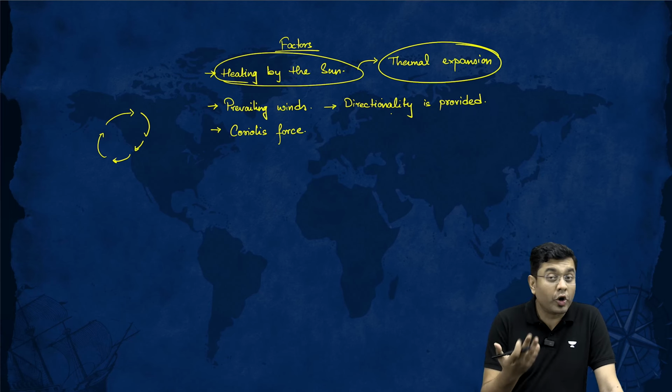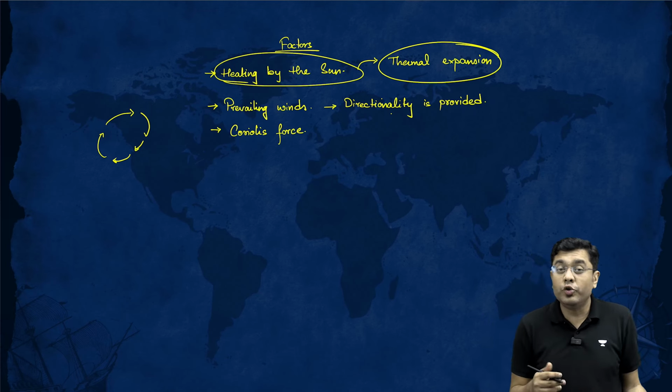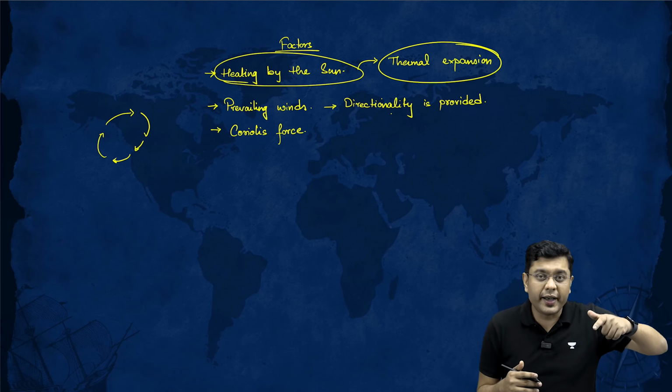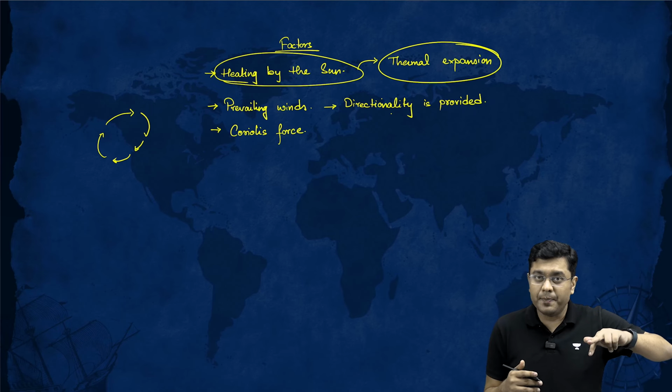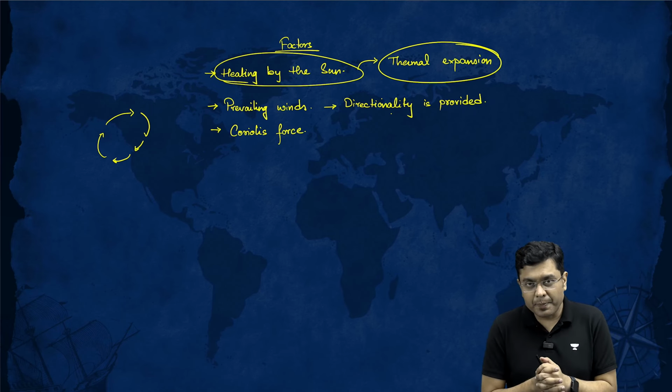Here, when you are talking about the importance of the winds, you can also highlight the case of northern Indian Ocean. That in northern Indian Ocean, that is the only case where the ocean currents change their direction with the changing of the wind pattern, which again highlights how important wind is.